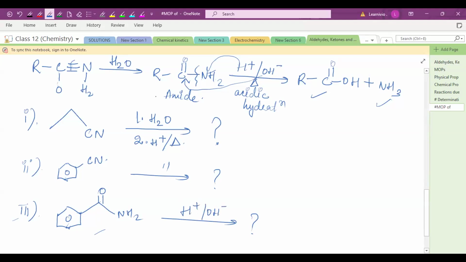This is an amide. When you do the acidic hydration, what will be the product? This is very simple. Just attach the H plus to this nitrogen and OH to this carbon and break this bond. You will get your benzoic acid, benzene with COOH, and you will get ammonia.